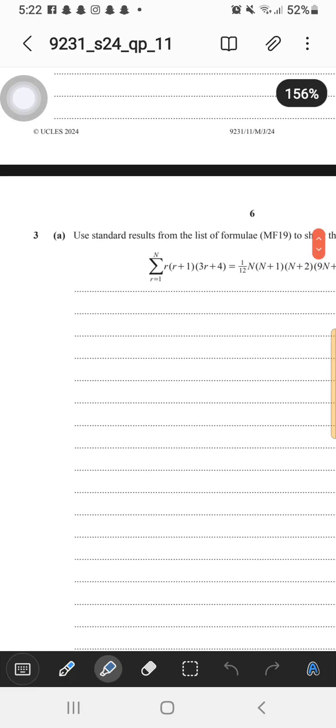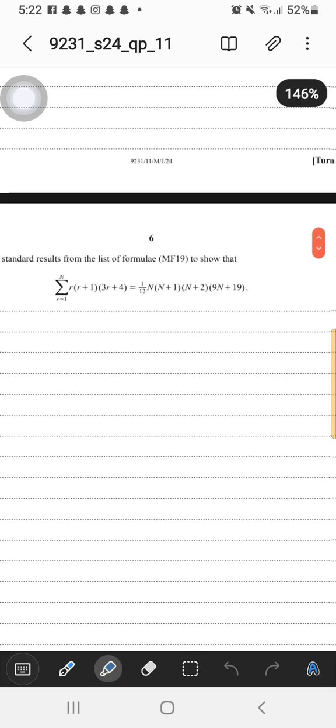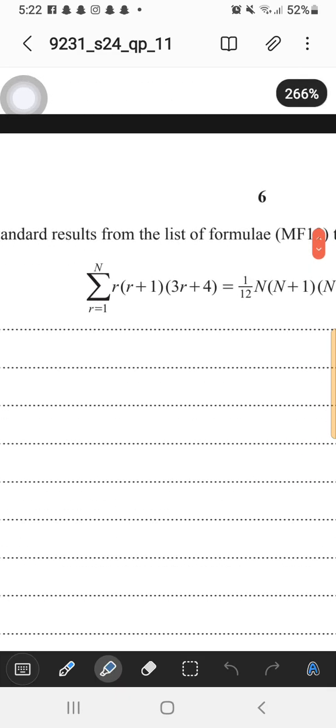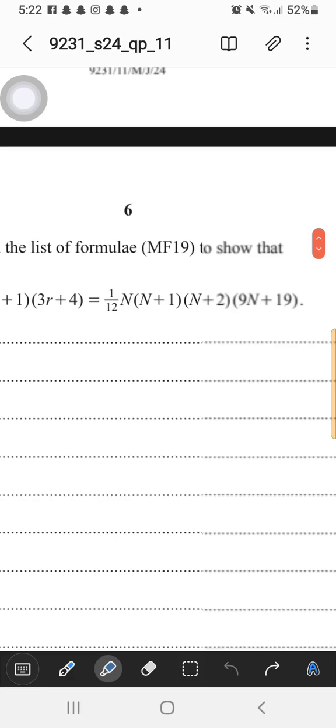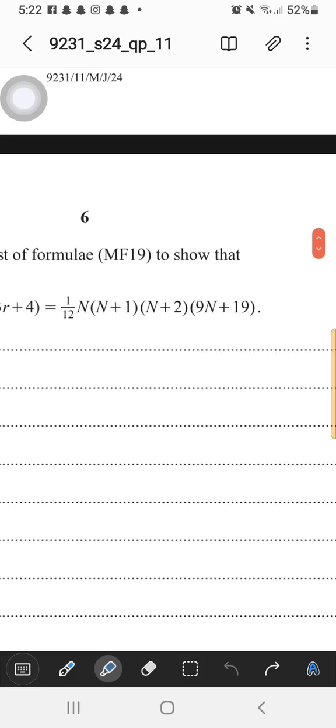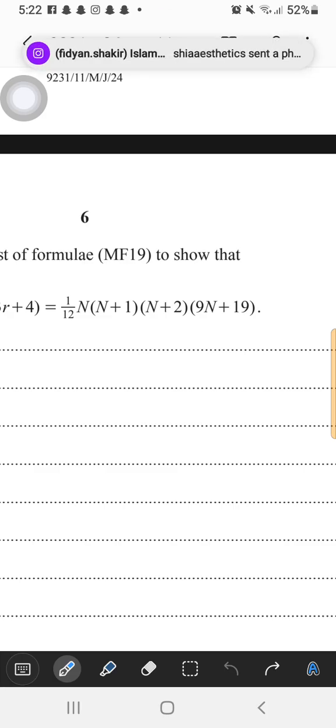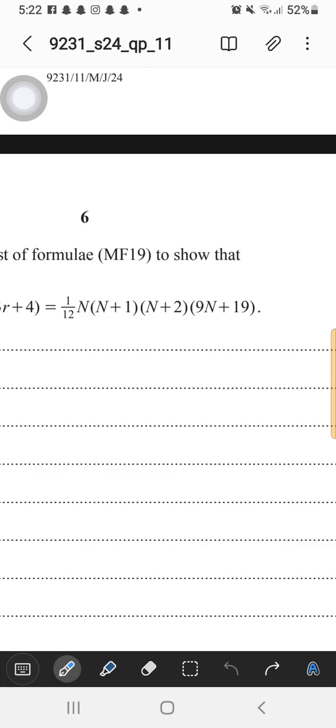Use the standard result from the formula MF19 to show that the summation of r(r + 1)(3r + 4) is equal to 1/12 n(n + 1)(n + 2)(9n + 19).